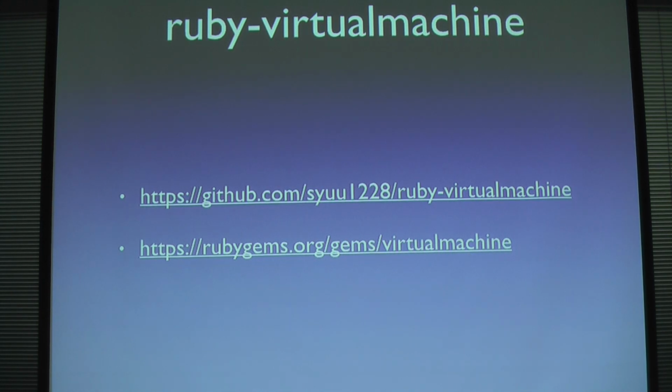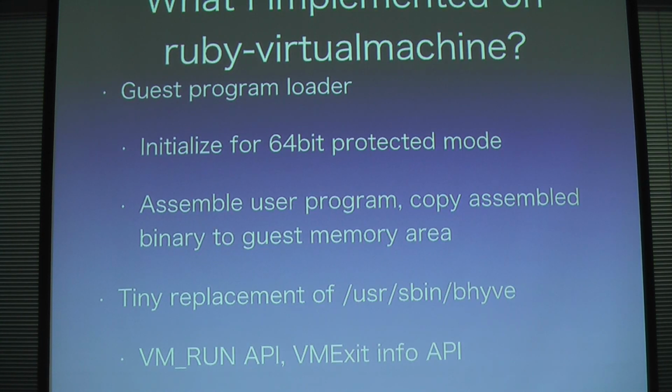And here is the GitHub address of ruby-virtualmachine. And also I uploaded it on RubyGems. And what I implemented in ruby-virtualmachine, one is a binary program loader. I thought about implementing another operating system loader, but if you implement a FreeBSD loader or Linux loader, it's very complicated and a bit hard to do.